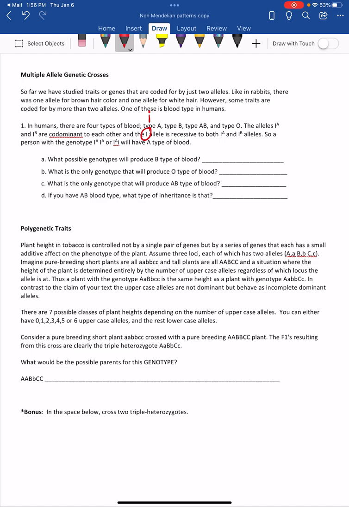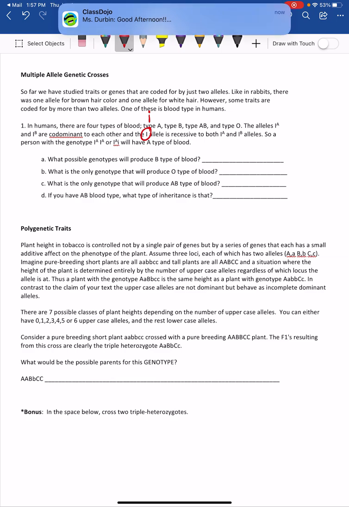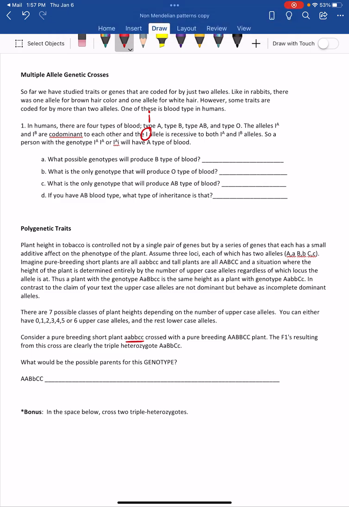And then the last one, this one's just a little bit trickier. It's talking about polygenic traits. So here, it's saying that you're going to have a pure breeding short plant, little a, little b, little c, crossed with a pure breeding tall, big A, big B, big C plant. And so the offspring are this.